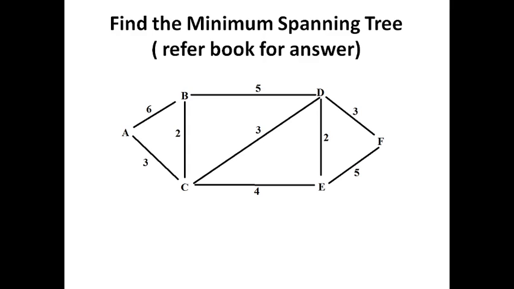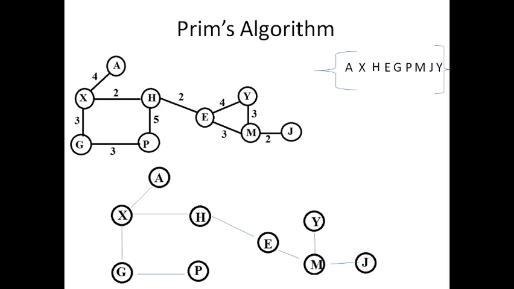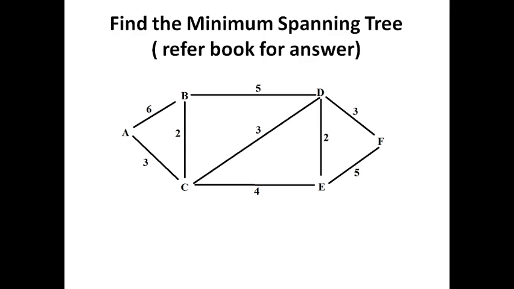This example I just leave to your own practice. You can follow the same procedure we followed here and try to construct the minimum spanning tree according to Prim's algorithm. Remember that we have got two algorithms, and both will produce the same results, except in a few rare cases. The result of Prim's algorithm as well as the Kruskal algorithm, which we are going to discuss now, will be the same. But it's not just the result that is needed for you to get your marks.